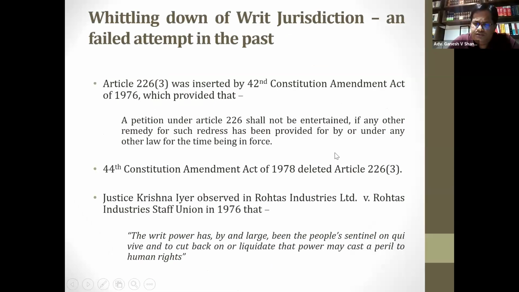So sorry. There was some attempt made by governments in the past, in 1976, by the Congress government, then led by Mrs. Indira Gandhi, which was an attempt to whittle down or reduce the powers of high courts to hear cases where there is already a statutory remedy available straight away.